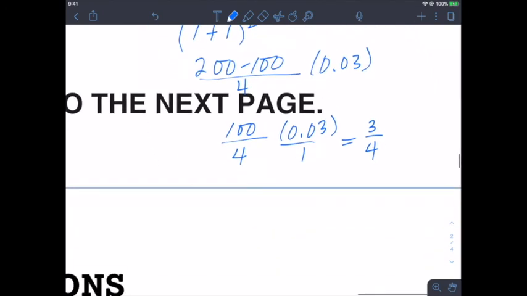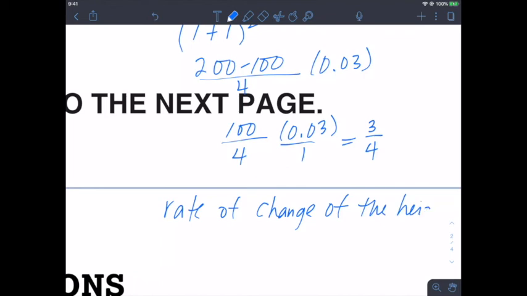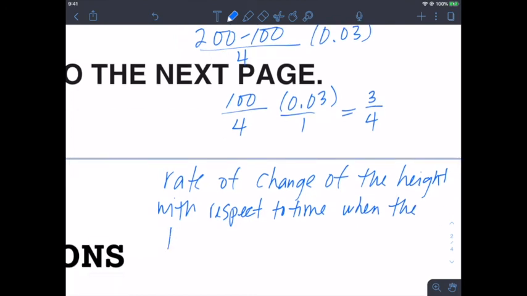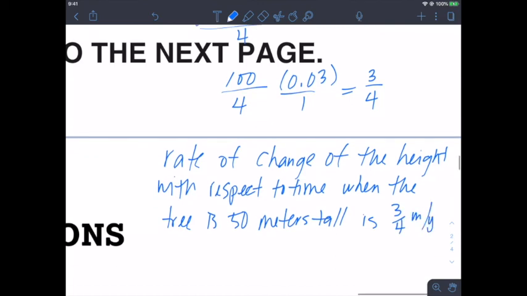Okay? So the 3 over 4 represents the rate of change of the height with respect to time when the tree is 50 meters tall: 3/4 meter per year.